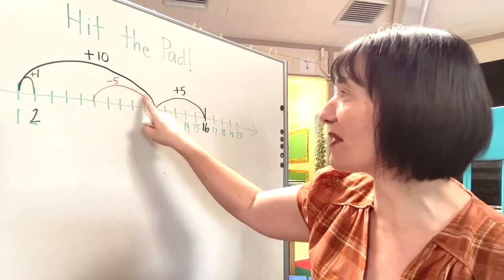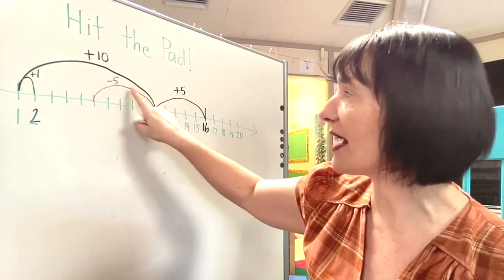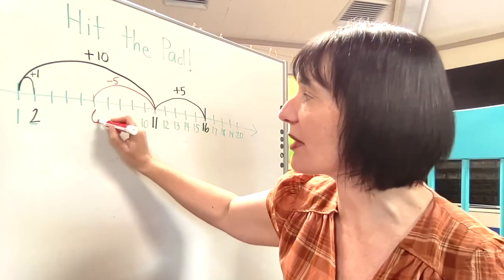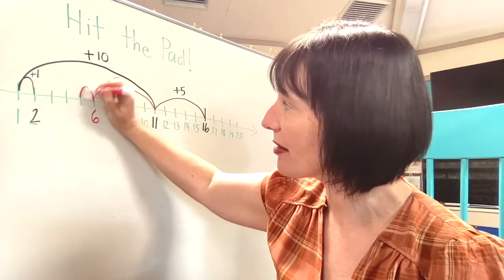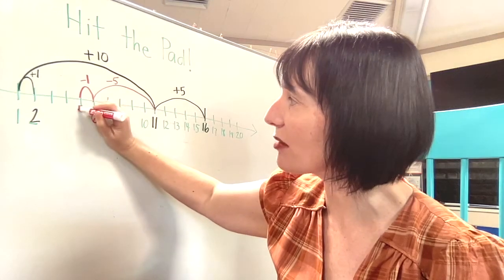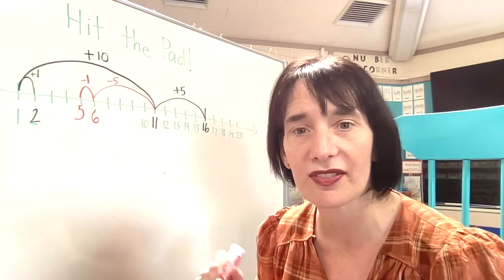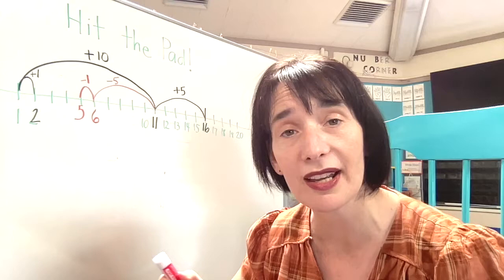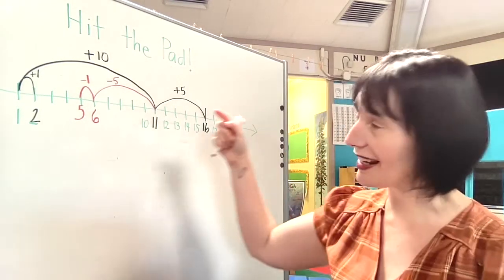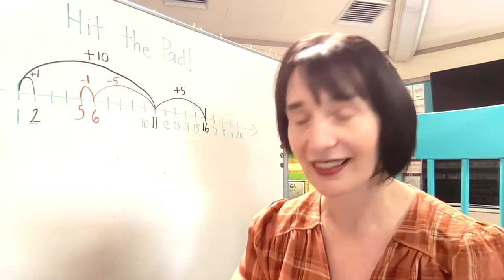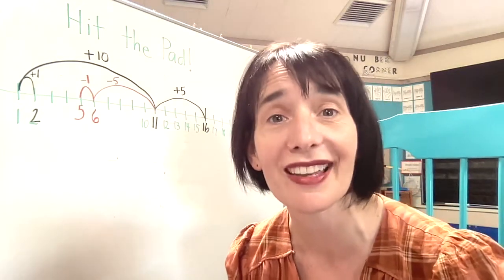If I was at 11 and I went minus 5, then I want to say where I am right now, which is 6. And I can go again. Minus 1, and then I could end up right here at 5. A lot of jumps can happen on the number line, going the positive way, or plus, or the negative way, or minus. Let's explore how to play the game Hit the Pad.